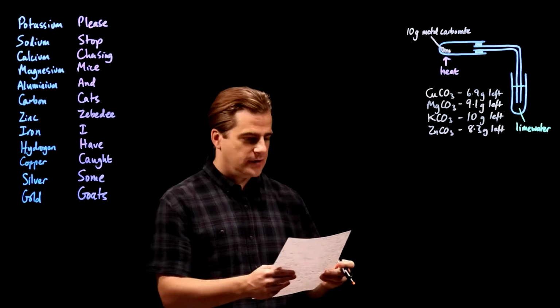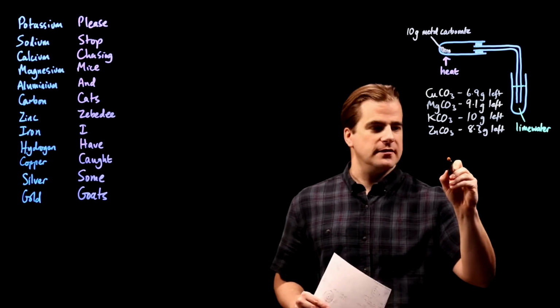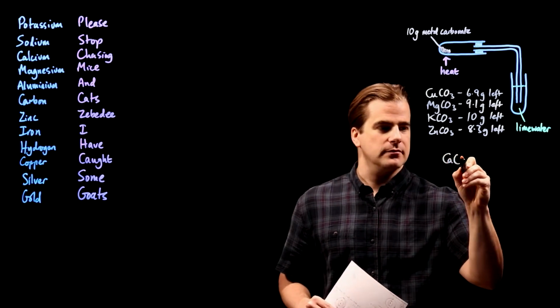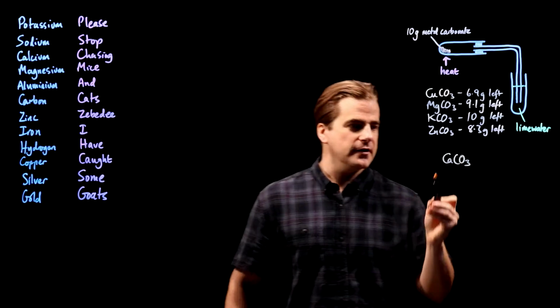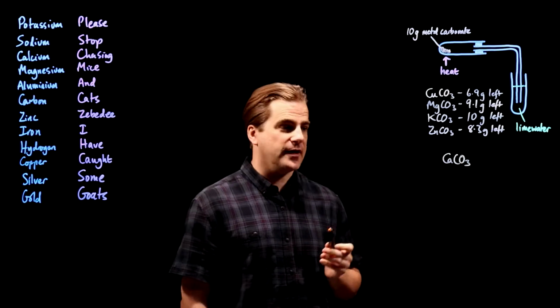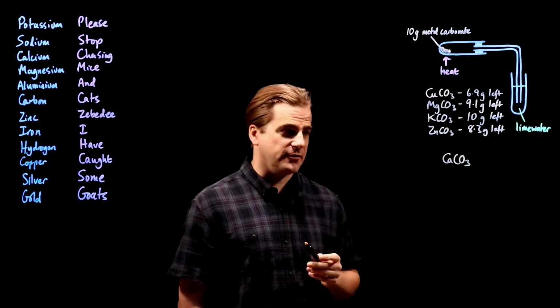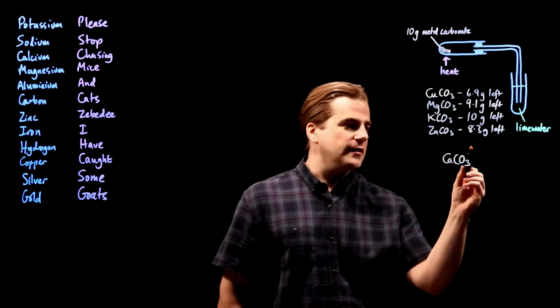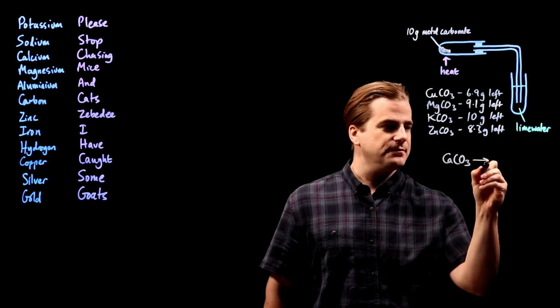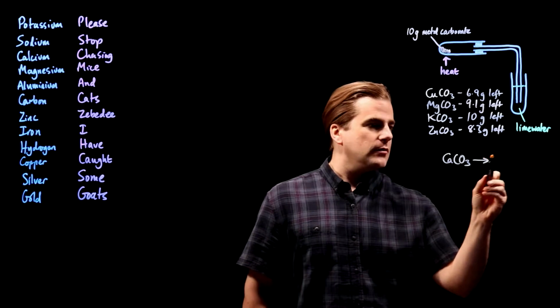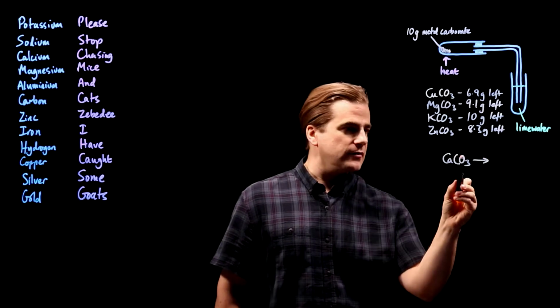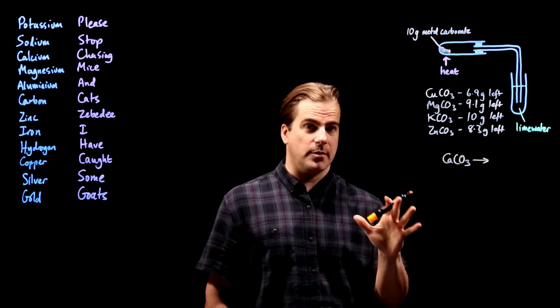Let's do an example. Let's do calcium carbonate. Calcium's a metal, so your bones are made of metal. You're like a Terminator, believe it or not. Calcium carbonate, heat it. Whenever you see carbonate, CO3 is carbonate, okay?